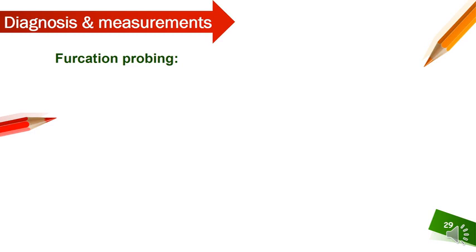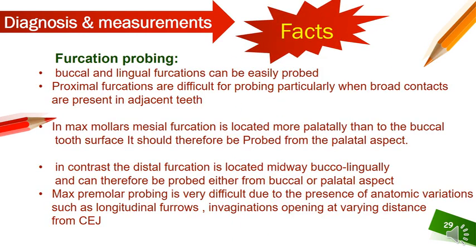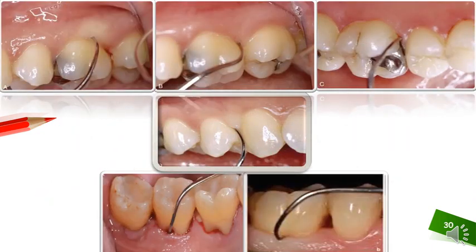Diagnosis and measurements. The diagnosis depends on furcation probing as a first step. We have some facts to discuss. Maxillary molar has 3 furcations because it has 3 roots: the buccal furcation, mesial furcation, and distal furcation.